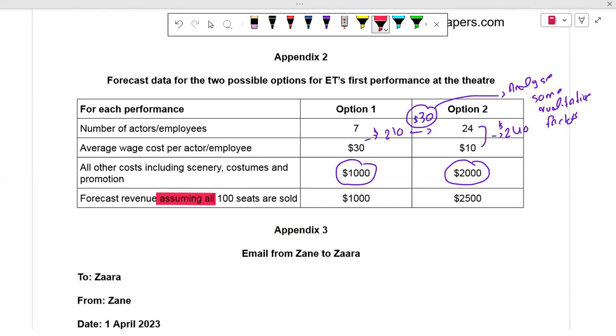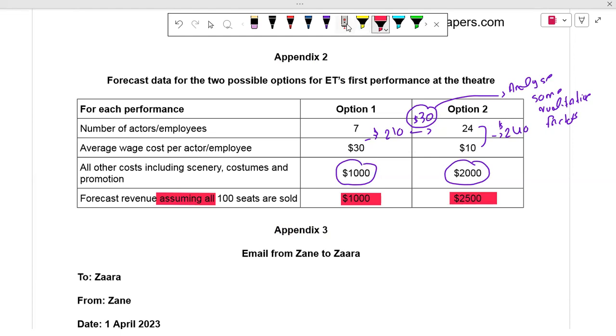We don't know whether 100 seats would be sold by Zain and Zara or not. So this is the assumption. If we assume that our 100 seats are sold, we will get $1,000. And in the case of option 2, we will get $2,500.